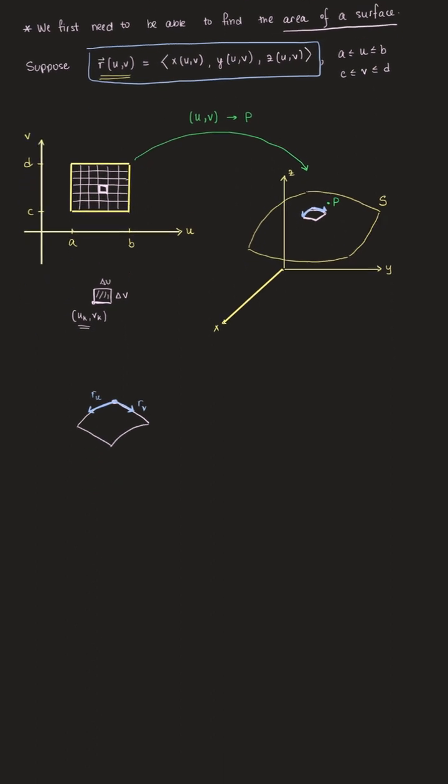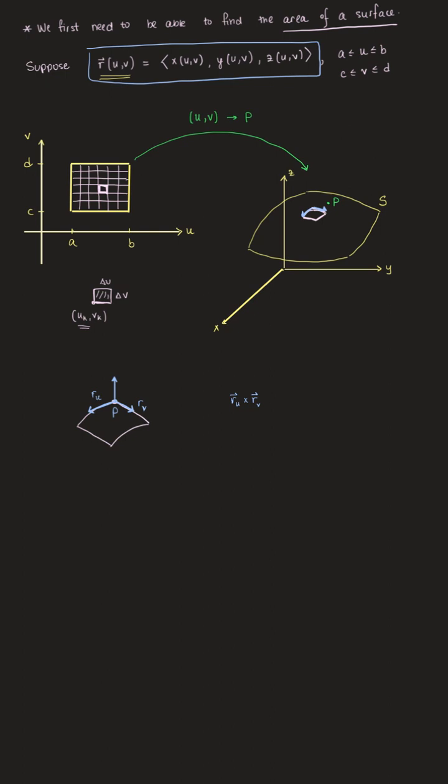And if we take the cross product of these two little tangent vectors, R_U cross R_V, using our right-hand rule, that's going to give us a normal vector to my surface at that point P, which corresponds to UkVk in our UV plane. So at that point P, we have a little normal vector.